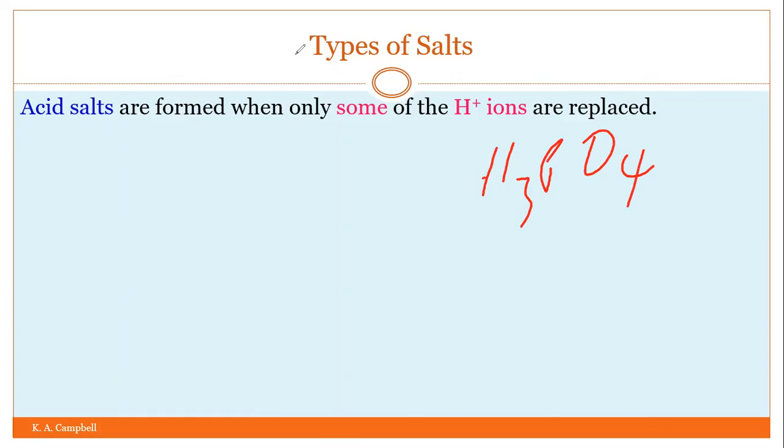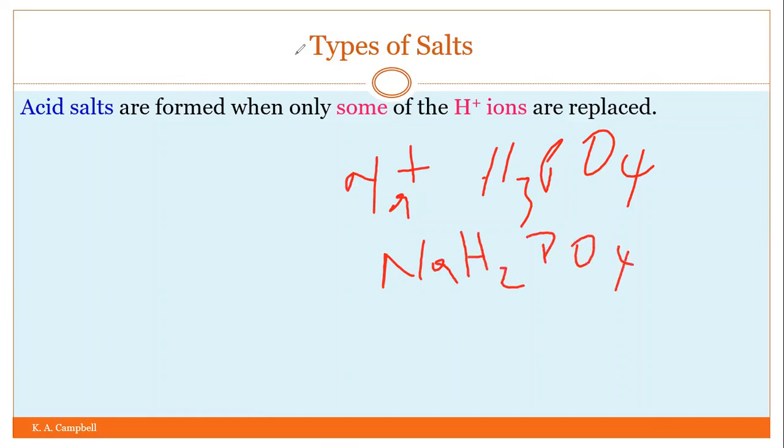The acid has 3 hydrogens and you're reacting that with sodium. The sodium can replace 1 hydrogen at a time, so you'd end up with NaH2PO4. The sodium can replace 2 hydrogens, so you end up with Na2HPO4. Or it could replace all 3 hydrogens where you end up with Na3PO4.